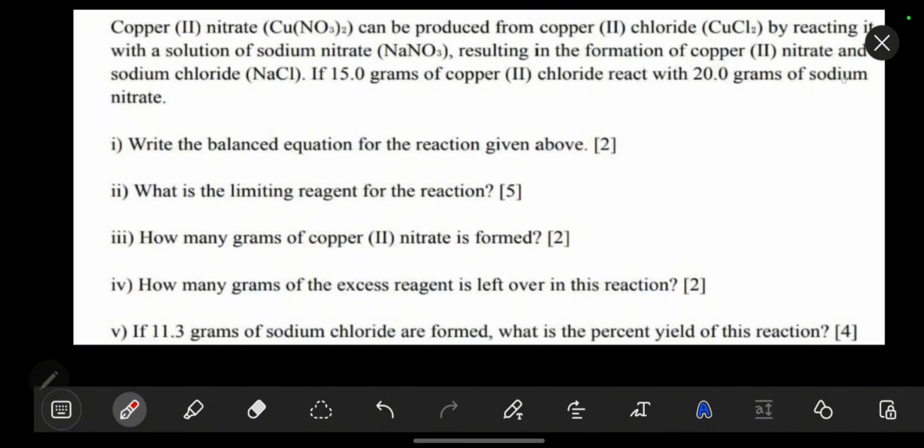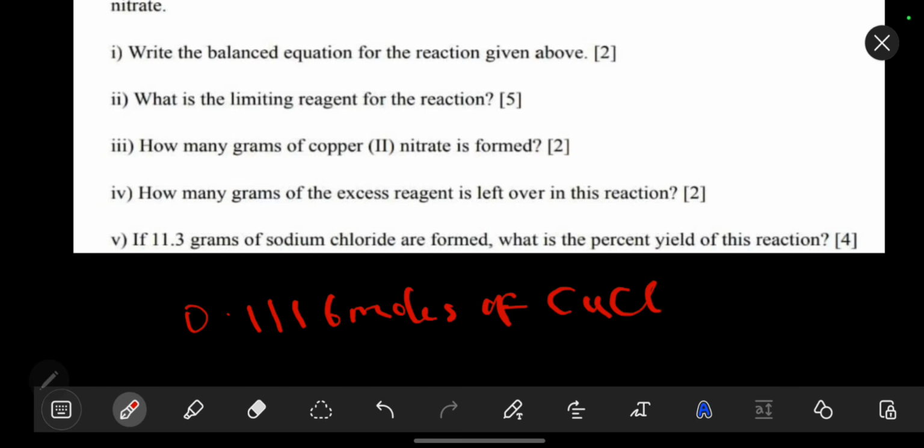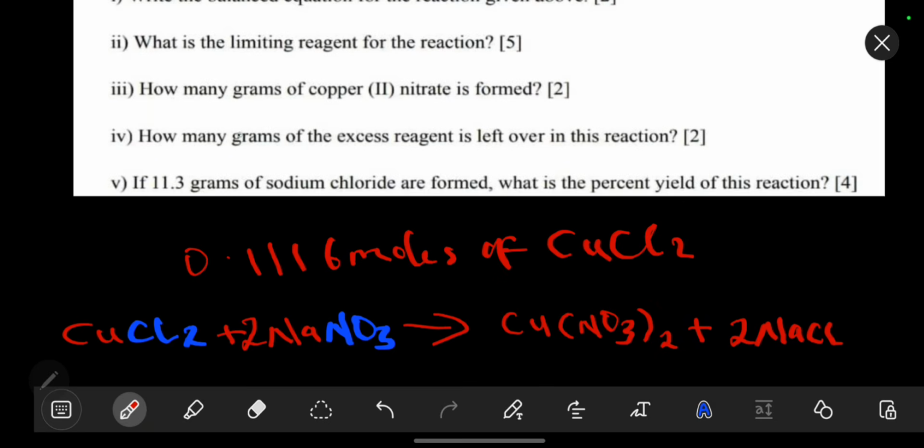If we remember, our limiting reagent is our copper 2 chloride, which is 0.1116 moles of copper 2 chloride. So we can only use the limiting reagent to predict what we are going to get. So, how many grams of copper 2 nitrate is formed?